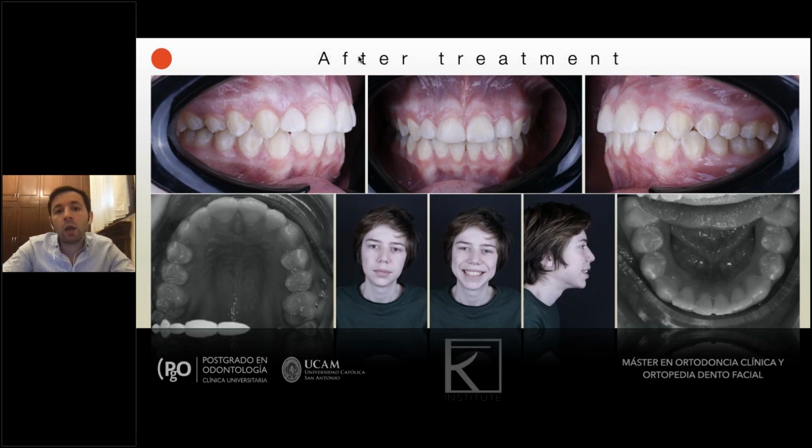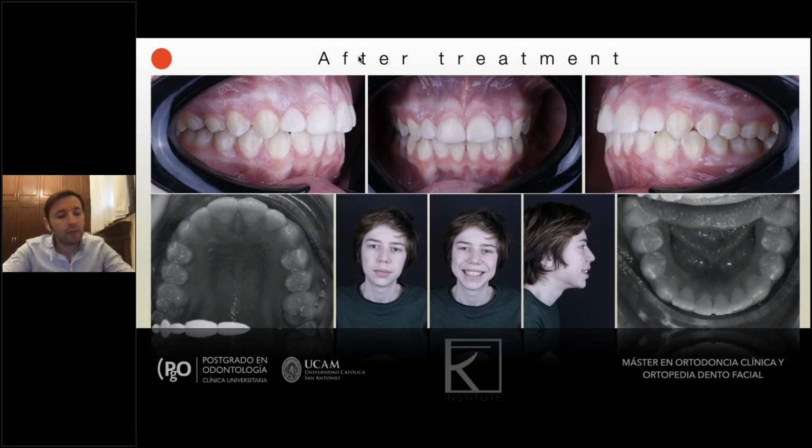Remember that when patients come to the office, they are demanding aesthetics. For sure they also demand function, but 90% of the patients want aesthetics. We need to give them function, but also aesthetics.